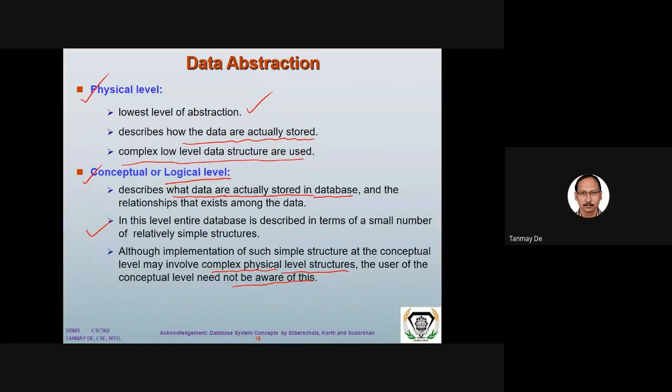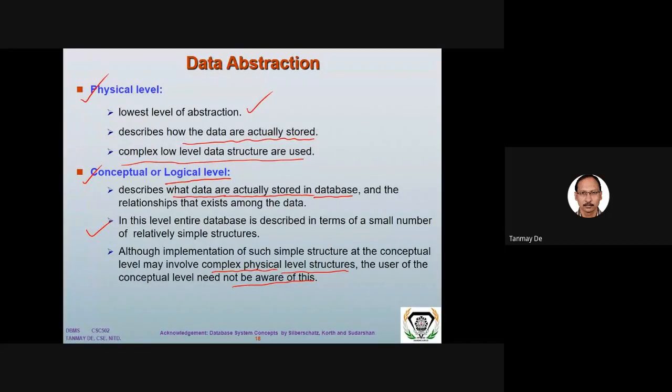They are aware only of what type of data is stored and the relationships that exist among such data. This level is normally used by the database administrator. The database administrator uses the logical or conceptual level.